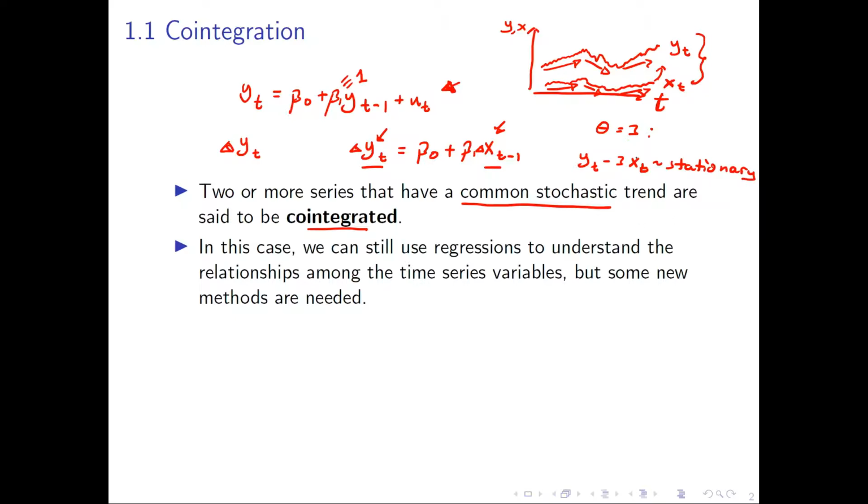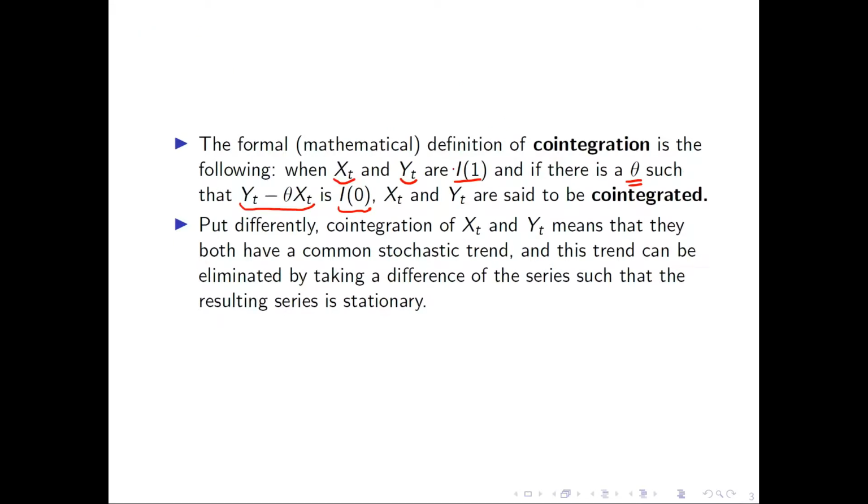So the 3xt, or 3 times xt, would be placed basically on top of the yt variable here, such that this difference between them would hover around 0, and hopefully with a stable variance.